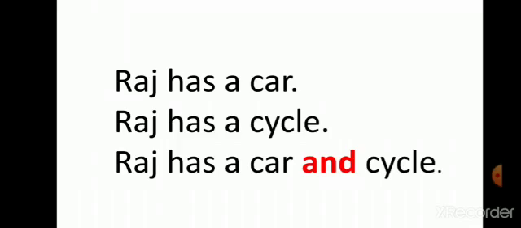And then we'll use "and", that is a joining word. And from the next sentence, "Raj has a", we skip or remove that part and only use cycle. Raj has a car and cycle. So this becomes only one sentence, right? By using a conjunction word, a connecting word. Understood? Like this, many sentences you have to do in your workbook also.